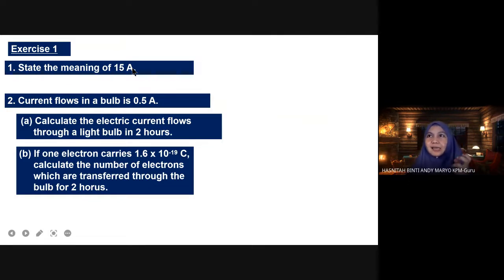Let's say I give you 15 ampere. This conductor is able to flow 15 ampere of current. So what does 15 ampere refer to? It means 15 coulomb of charge flow in 1 second.